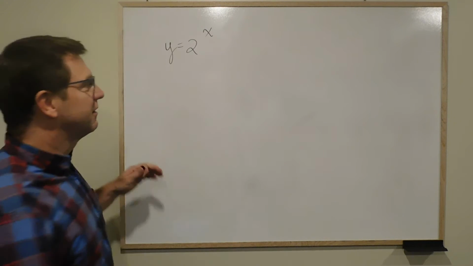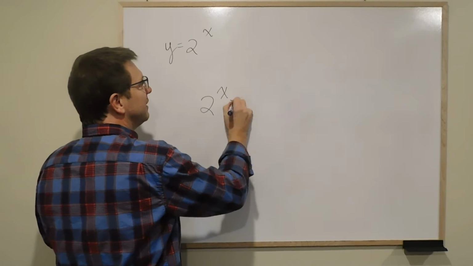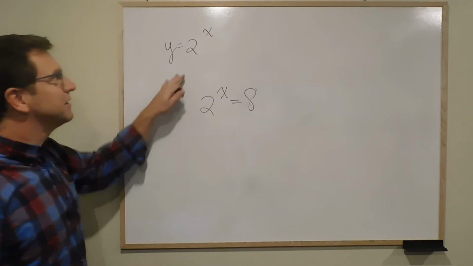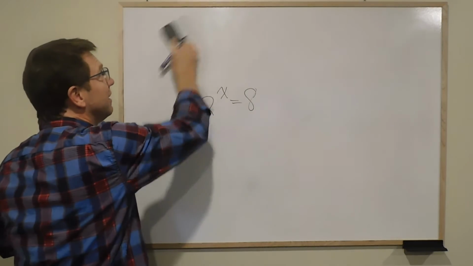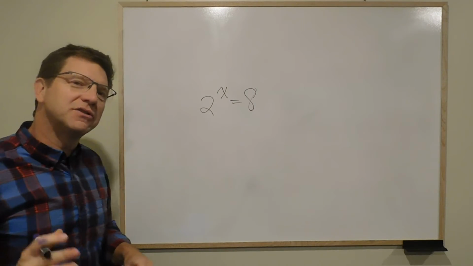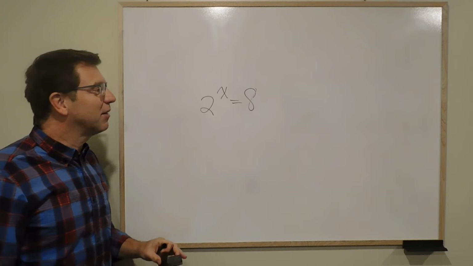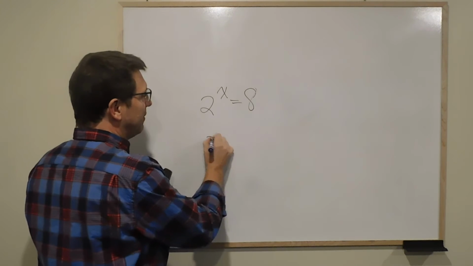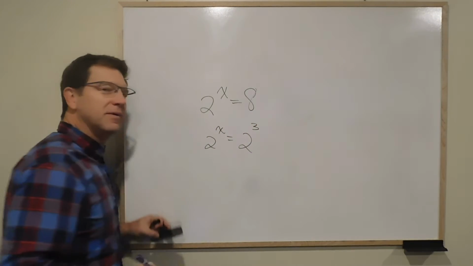Now some of these you can solve. The first one, we'll look at this, 2 to the x equals 8. So it's like saying y is equal to 8, right? 2 to the x equals 8. Something like that you can solve using a strategy of common bases, and you'll see that come up. We know that 8 could be 2 cubed, right?